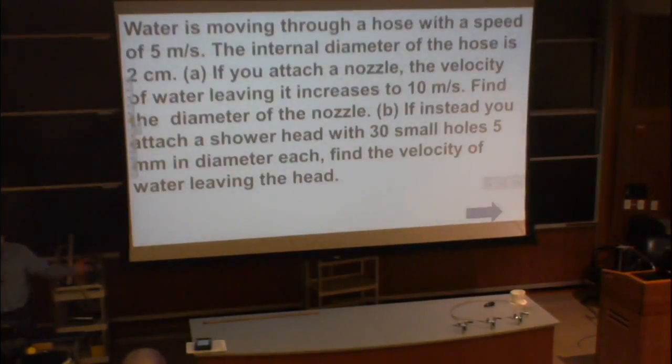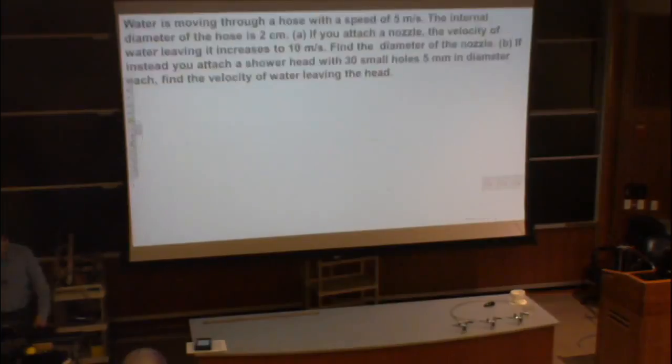Now, a hose. And two situations. We attach a nozzle or we attach a shower head. Both important, right? So, first of all, the hose has a circular area. That's important for calculating area. And the speed inside is equal to 5 meters per second.